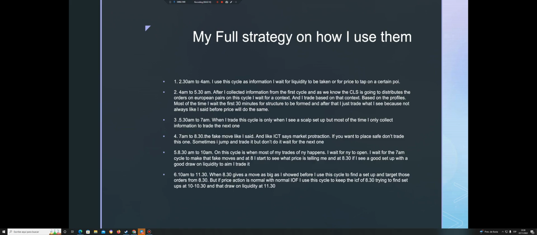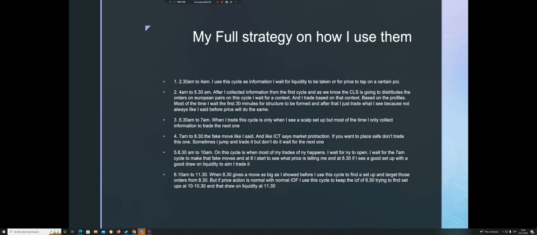Okay, now the next cycle between 5:30 to 7, when I trade the cycle, it's only when I see a scalp setup. But most of the time I only collect information to trade the next one. Now this cycle, you can trade based on that there is always going to be a setup or drawn liquidity every 90 minutes.